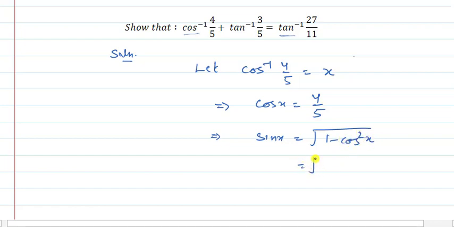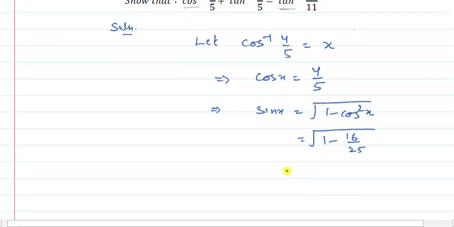So let us put the value of cos square x over here. We are getting square root of 1 minus 16 upon 25. So from here we are getting the result as 3 upon 5, because 25 minus 16 is 9, and it is 3 upon 5 after taking the root.